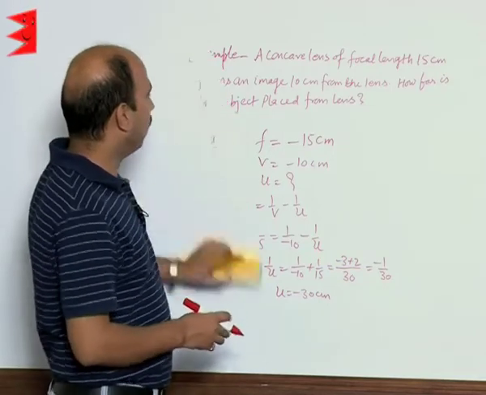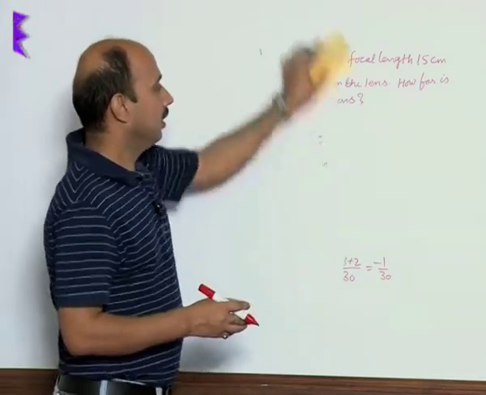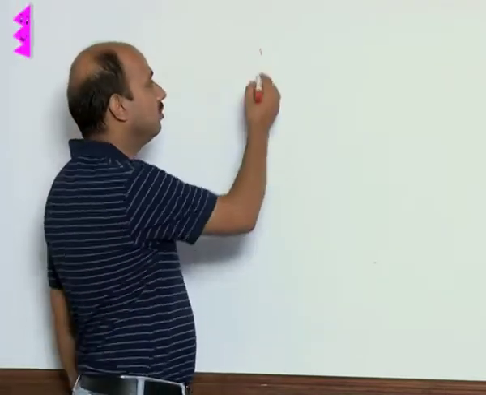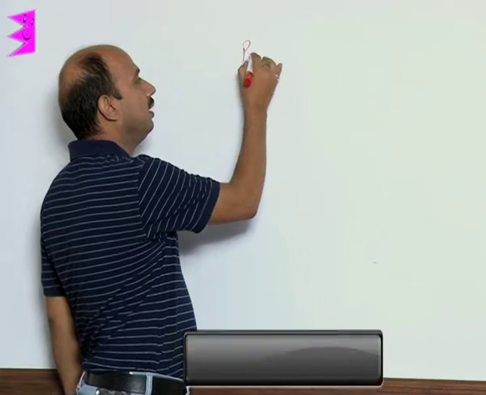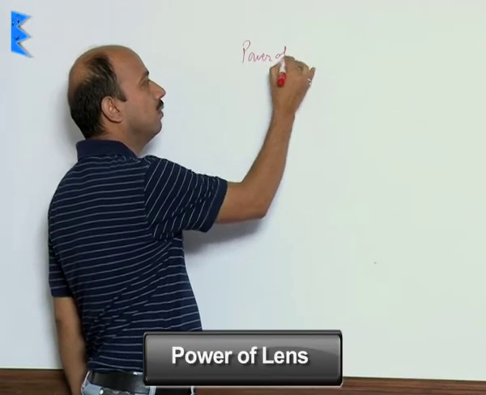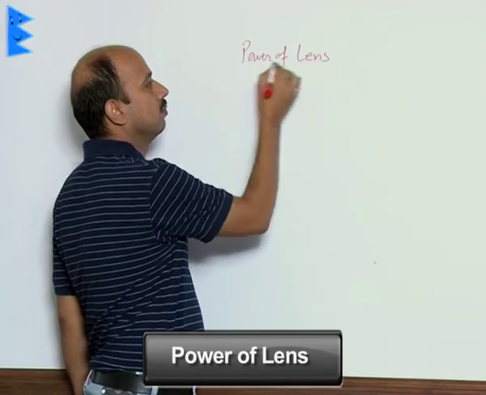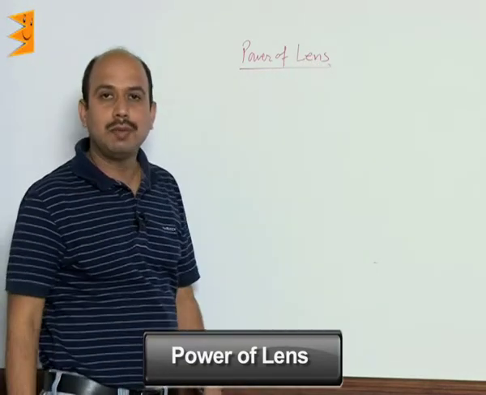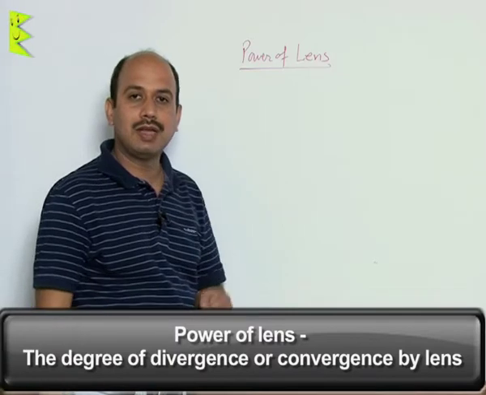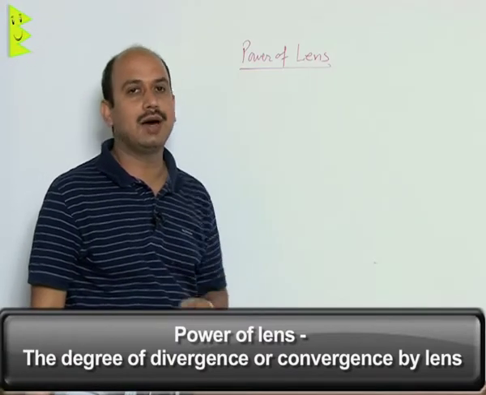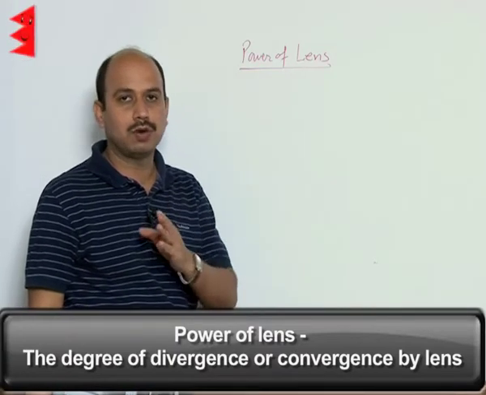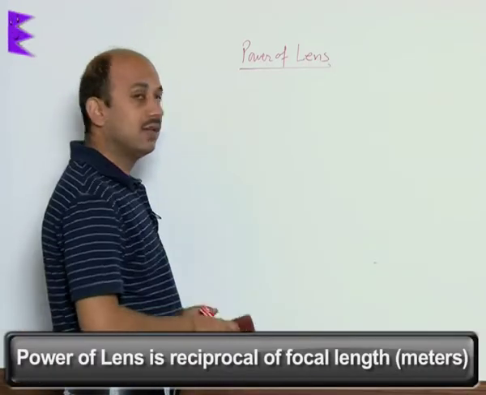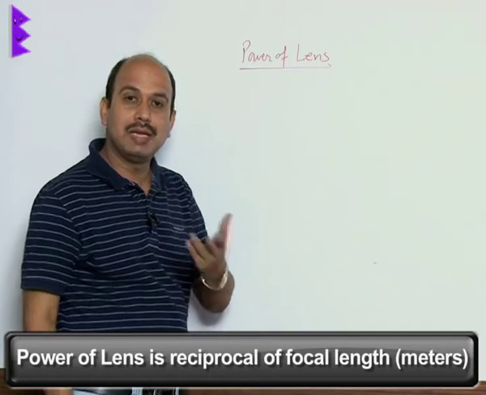So, power of lens, as we have done converging and diverging lens. So, we can take here power of lens. See, the degree of divergence or convergence by a lens is known as power of a lens, but it is defined as the reciprocal of focal length in meters.